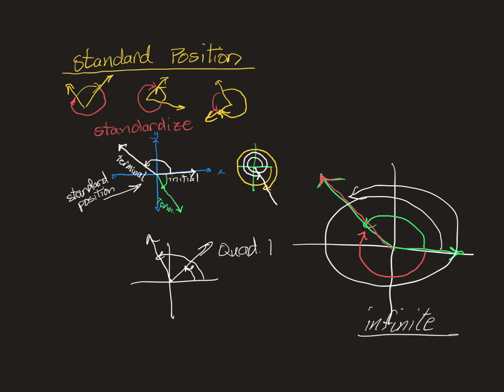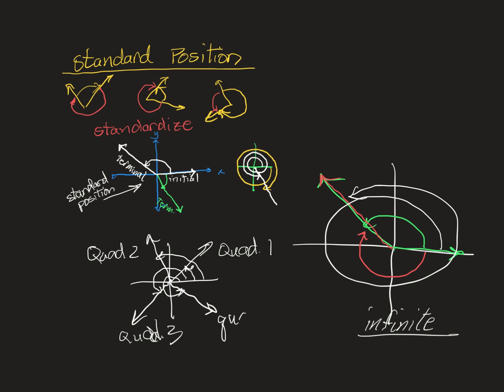And what we're referring to when we say that is where the terminal side ends up. Of course, you can rotate to an angle in quadrant 3, and you could rotate to an angle in quadrant 4 as well.